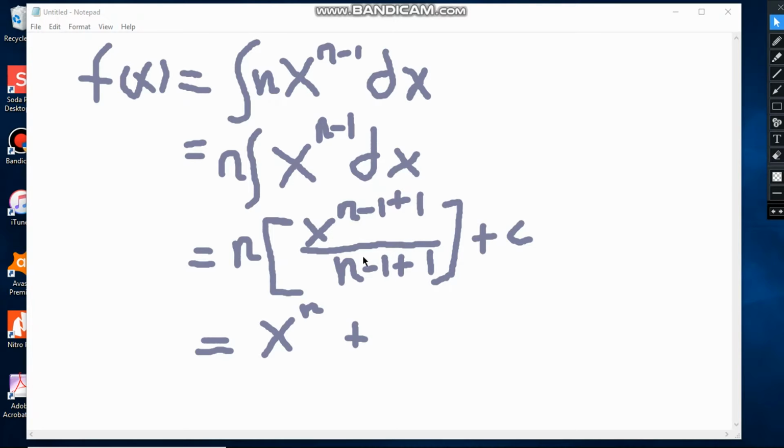After getting this answer, I add a constant because during differentiation, the derivative of a constant is 0. So, as integration is a reverse of differentiation, we place c as a constant back because we don't know whether during differentiation we differentiated a constant or not. If we didn't differentiate a constant, it means the value of c will be 0. But you must place it.